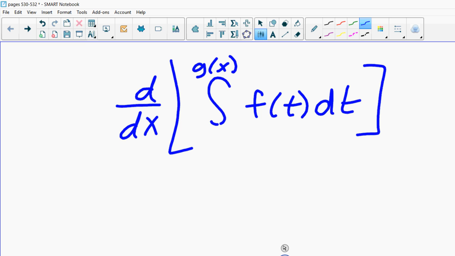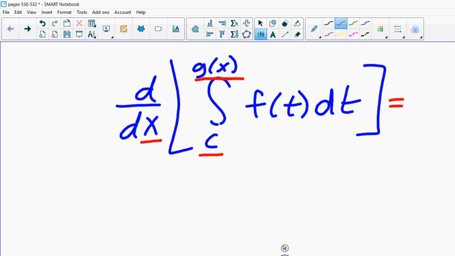This is C. Remember, a derivative and an integral undo each other when the limits of the integral are going from a constant to some variable, and this variable matches this variable.